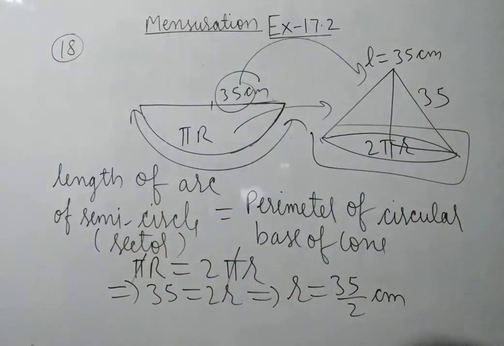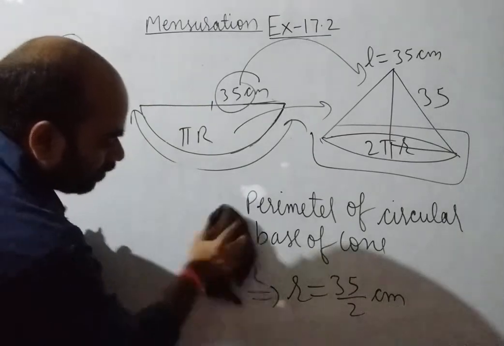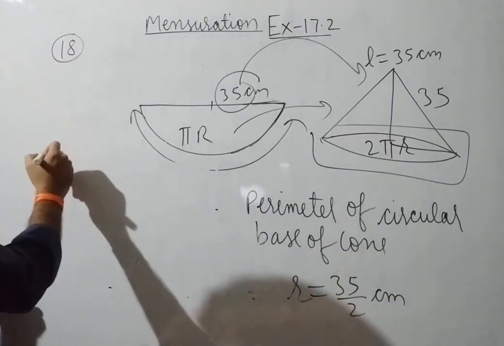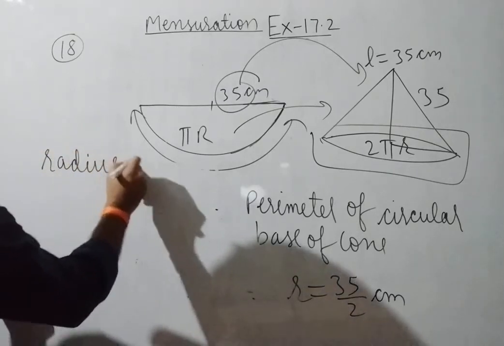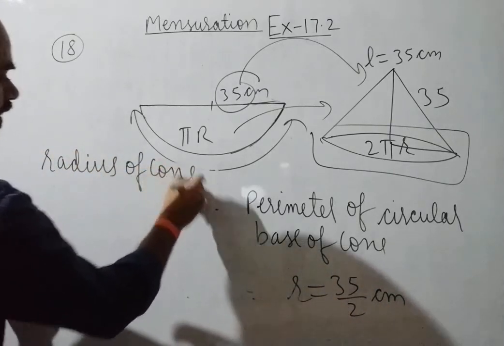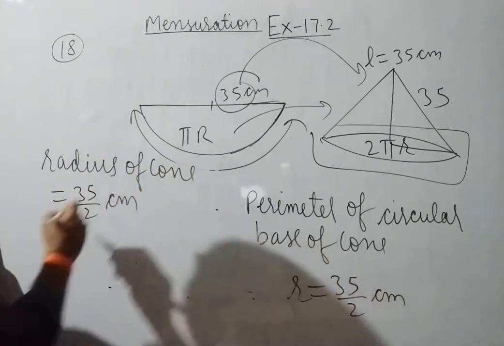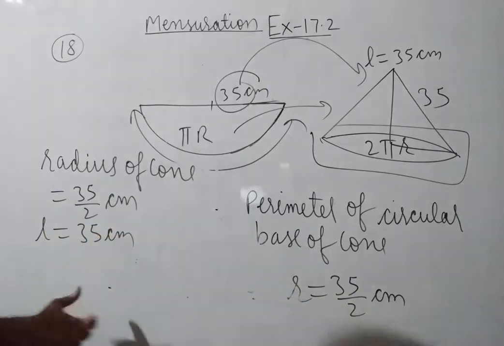Here the sector is a semicircle. So the first part is the radius of the cone, which we have calculated as 35 by 2 centimeter, and the slant height is 35 centimeter.